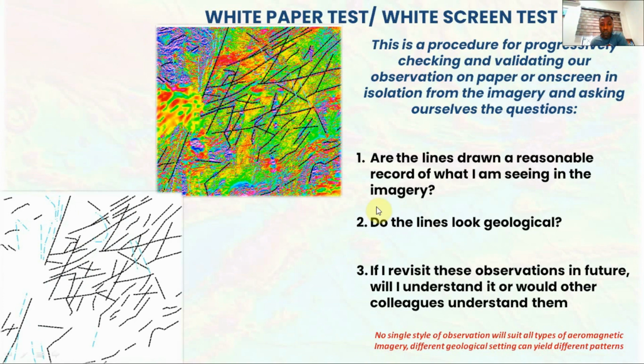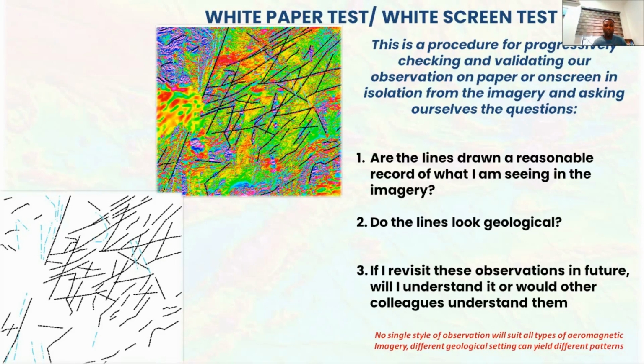Never stop asking yourself these three basic questions. Yes, these lines are reasonable as I'm doing them, and these lines look geological, and even if I give this map to any other person, my colleagues or other professionals, they will be able to make some sense out of what I've done.